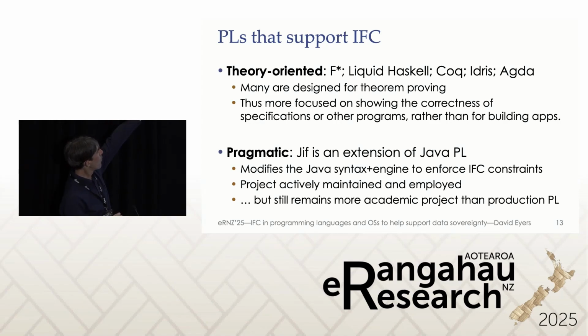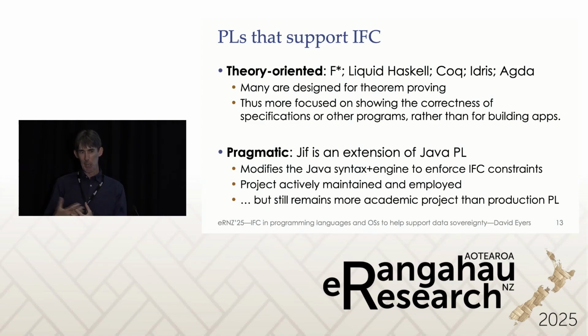What's interesting is if you want to have a really firm description of the security of your system, you want to appeal to mathematical proof. And so the first, what I've called theory-oriented languages here, they're often not even the types of languages you would use to write code to run. They're often ways that you would describe a specification that you want mathematically proven.